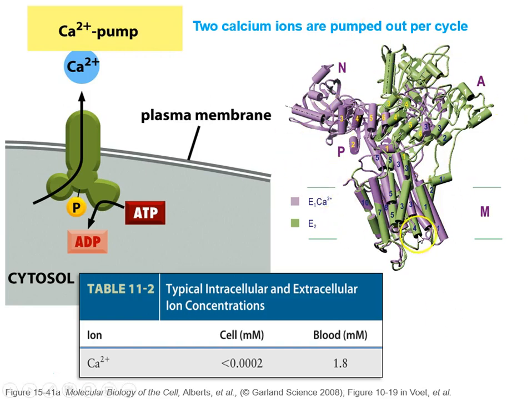Here's the structure of the calcium pump, and you can see that it looks very similar to the sodium pump, and it does have these E1 and E2 conformations. The E1 is shown in purple and the E2 in green, so there's a pretty large conformational change that occurs when the pump is phosphorylated. Phosphorylation of the pump drives the conformation to the E2 conformation, and when that phosphate is hydrolyzed, you go back to the E1 conformation.